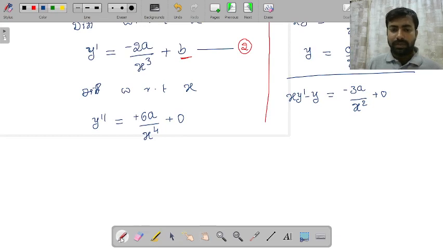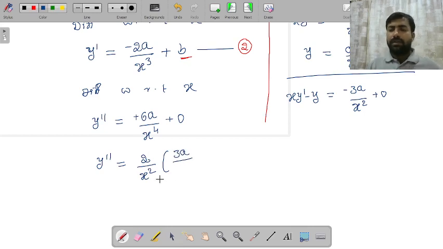So let me substitute it here. So this is y second derivative equal to, you carefully observe one thing, here we have x square, but we have x power 4 here. So let me write it as 2 by x square into 3a by x square.